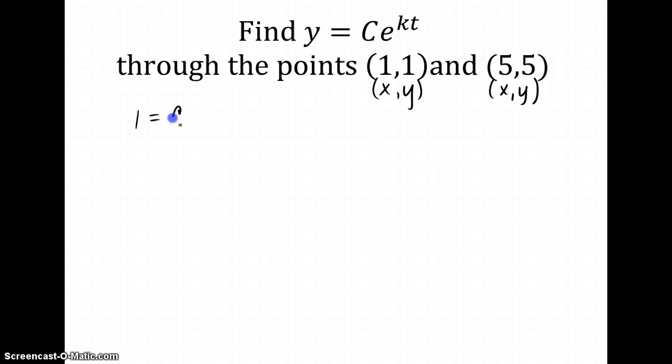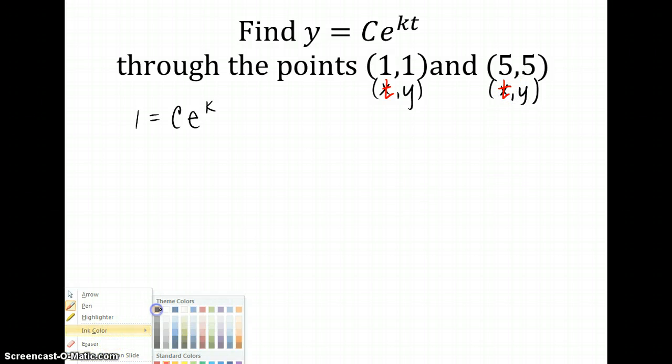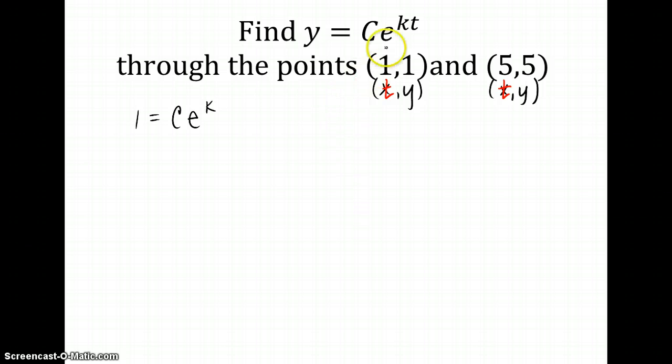1 equals CE to the k, and in this case, it should be t and not x. And then plugging the other function in, 5 equals CE to the 5k.